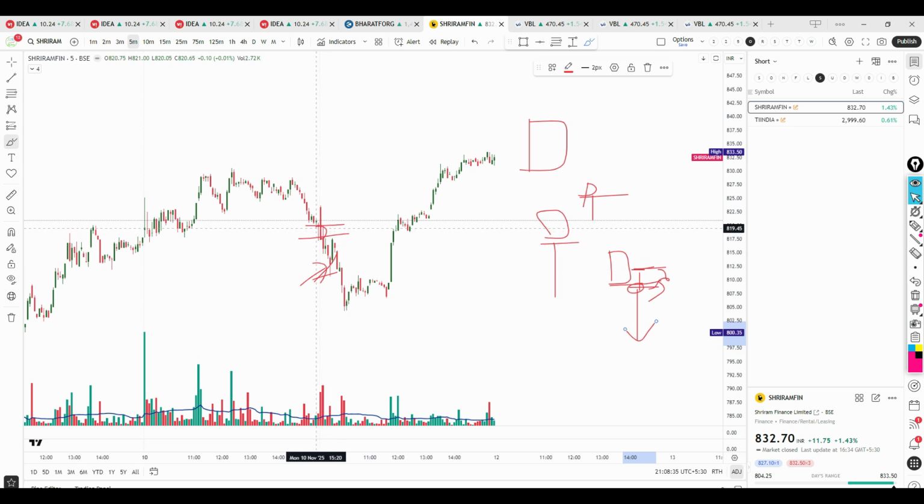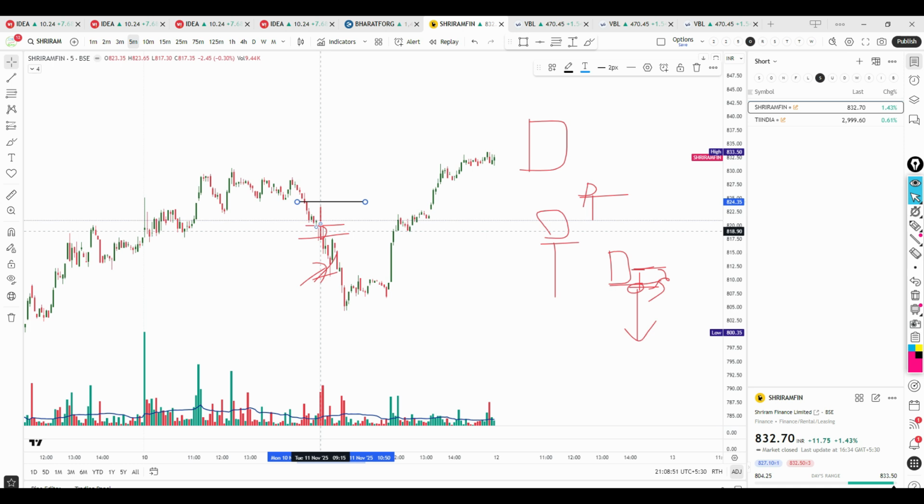This is the perfect entry with very little stop loss. Even if you keep the stop loss as the day high, which is 0.5 percent, that means 2 to 3 points only, in the options.